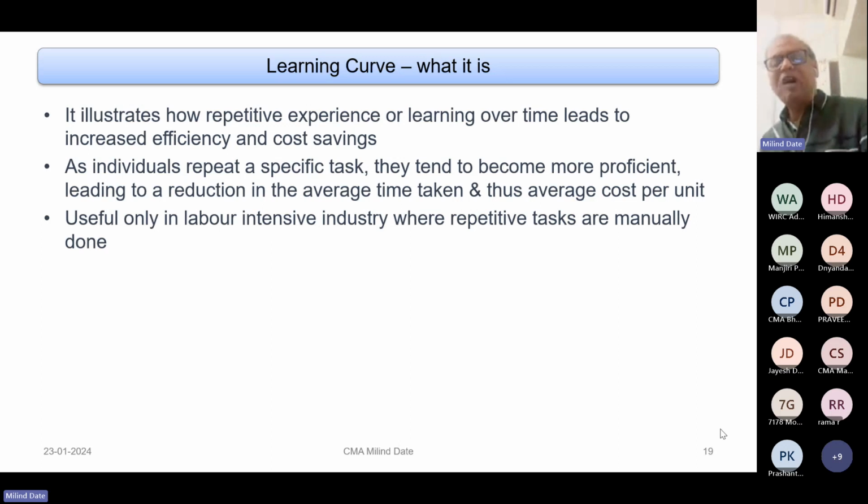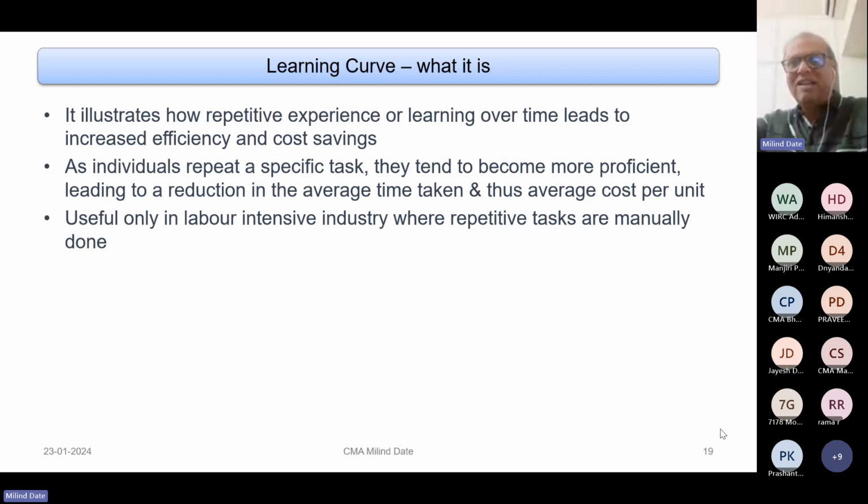So if you produce one unit, for example, for which you take 100 hours, and the learning curve is 80%, the second unit should take you 20% less time. So it will be 80 hours, not 100 hours. So what has happened? Output earlier was 1, now it is 2, doubled the output. So the average cumulative time taken will reduce.